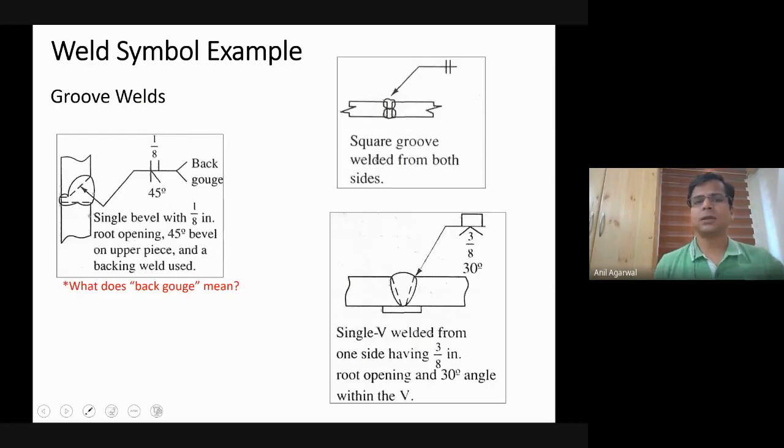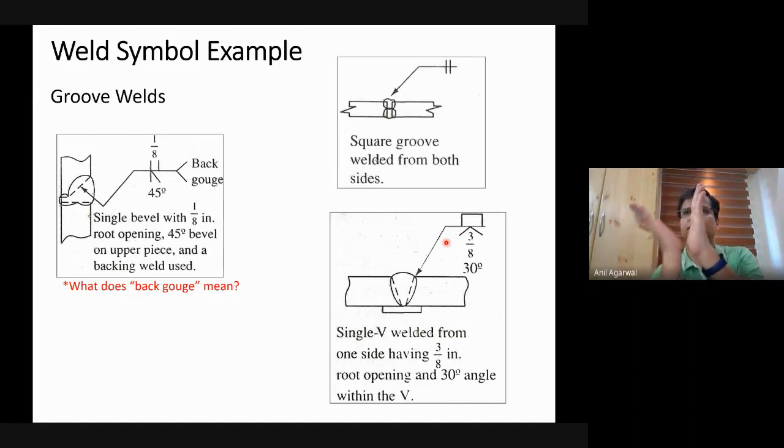For groove welds, you don't have those kinds of triangles, right? You have groove shapes. You may have a groove of rectangular shape, you may have a bevel shape, you may have a V shape. So there are 4 or 5 types of shapes I had talked about. For a groove, you may have rectangular, you may have bevel.